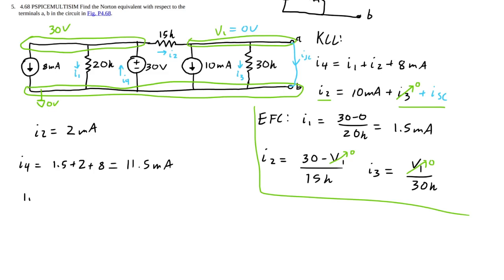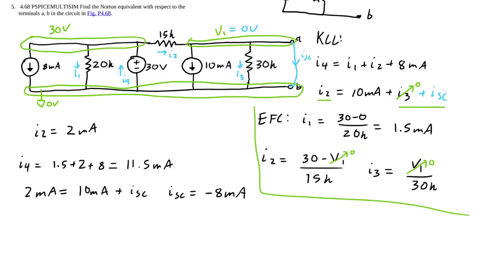I2 is 1.5 milliamps, or sorry, 2 milliamps. My mistake. 2 milliamps equals 10 milliamps plus ISC. Now for that to be true, ISC has to be minus 8 milliamps. So that means that it's going opposite of the direction of the little arrow we drew.